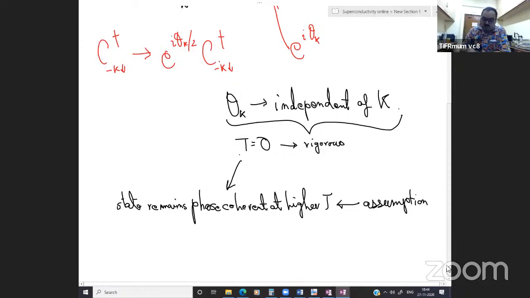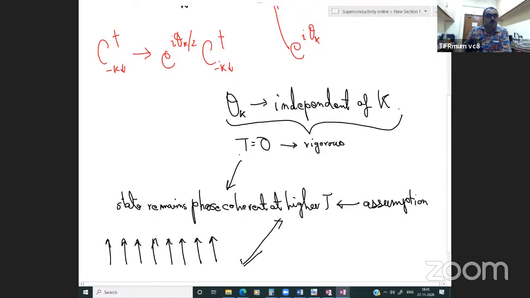phase fluctuation, which means that if I represent the phase by arrows like this, the angle that an arrow makes with some reference arrow is the phase.